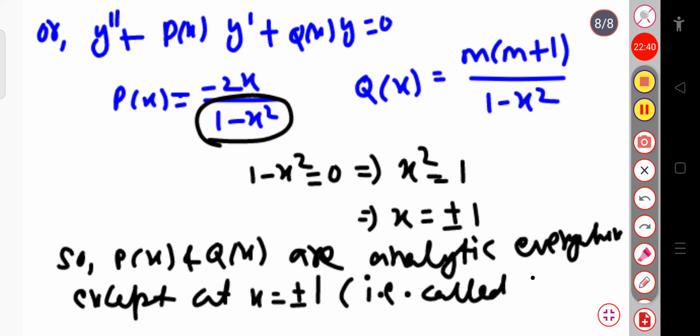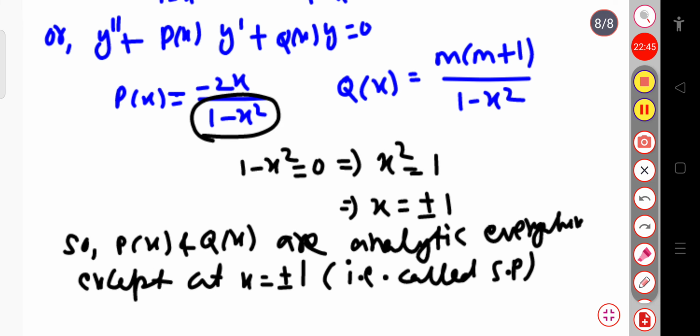So now you have calculated, there are two singular points, that is your plus 1 and minus 1. Simply you have to put the denominator to be 0, that is 1 minus x square term, you have to put that to be 0, so that you can calculate the value of x. So here there are two values, one is your plus 1 and another one is your minus 1.